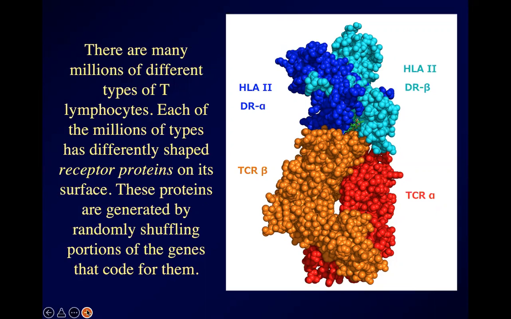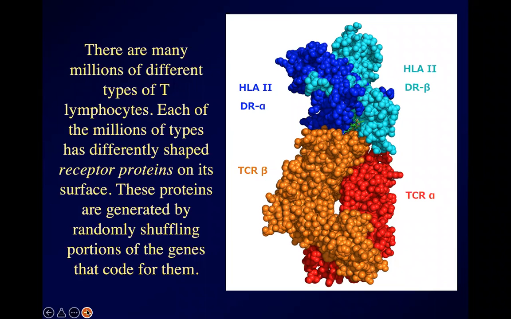So your liver cells still have the DNA for making muscle proteins, but those genes are turned off in your liver cells and they're not normally used because your liver doesn't have to make muscle proteins, it has to make liver proteins. So different types of cells have different genes that are on or off, depending on what type of cells they are. But almost every cell in your body has the same DNA that the fertilized egg that you came from originally had. Just different parts of it are switched on or switched off.